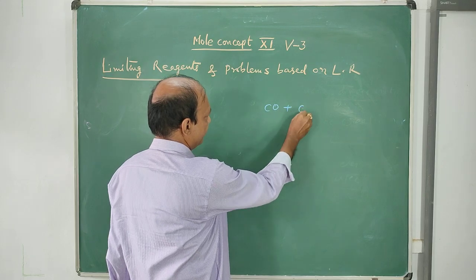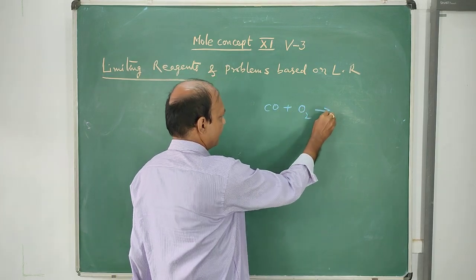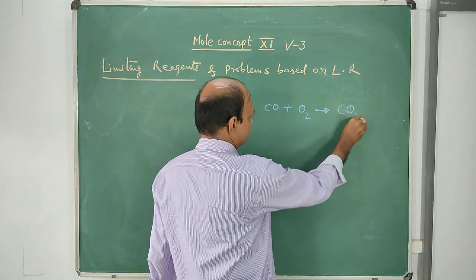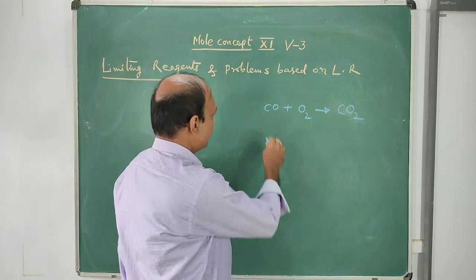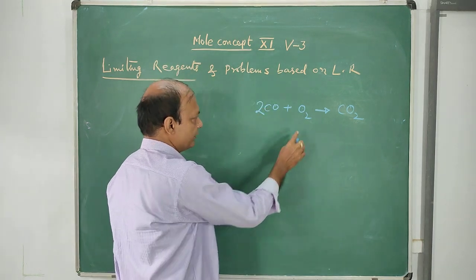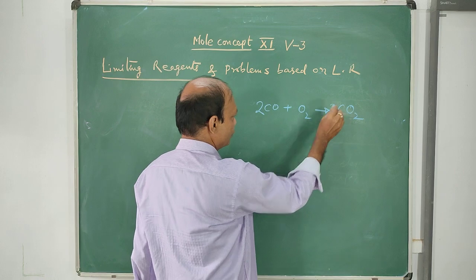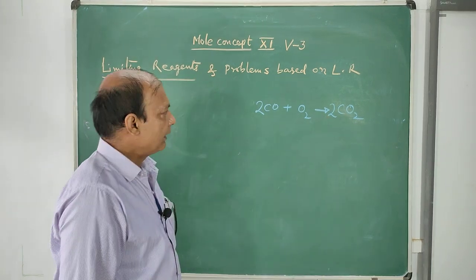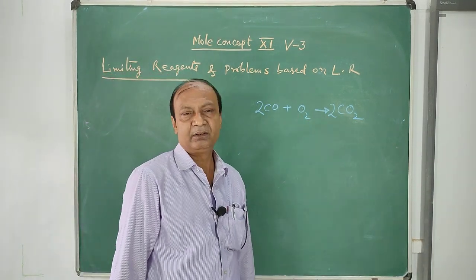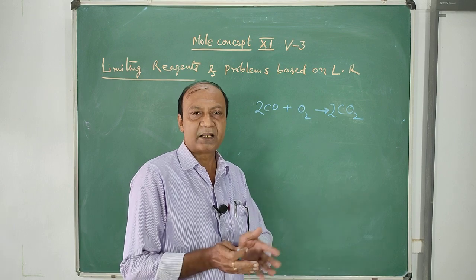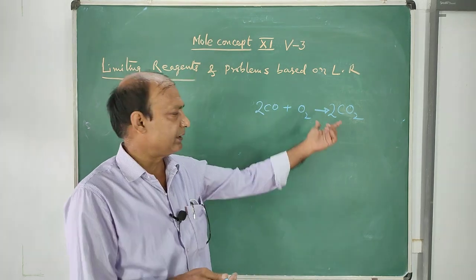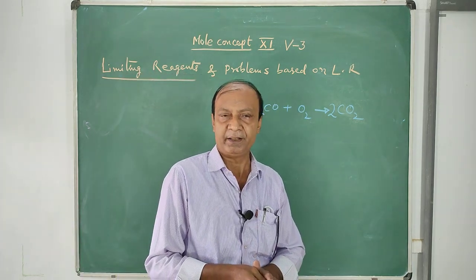Carbon monoxide plus oxygen to carbon dioxide. Let's balance the reaction: 2CO plus O2 gives 2CO2. Now, from this simple reaction, what are the masses of carbon monoxide, oxygen and carbon dioxide involved in the reaction?